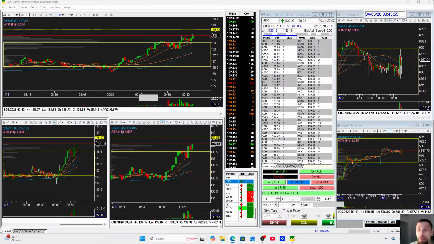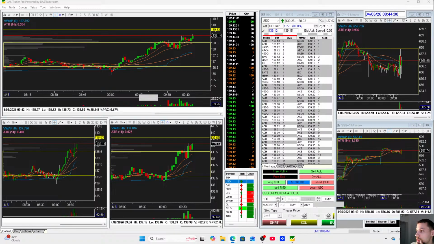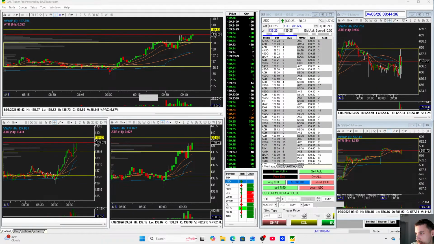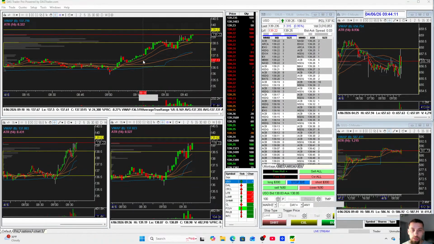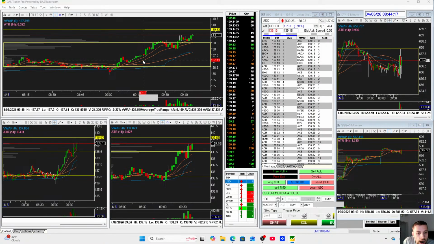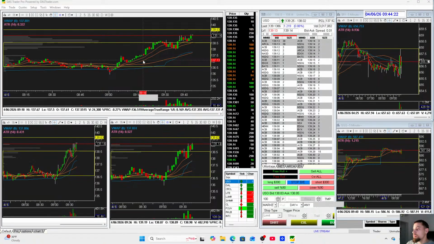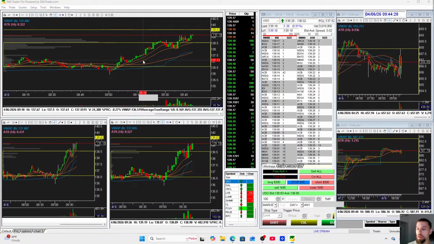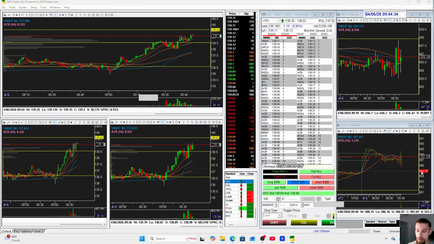So the ladder's more bullish on SNDK. This guy Uso's still grinding up. Still doing its thing. SPY and Q's just range bound right now. Just stuck.